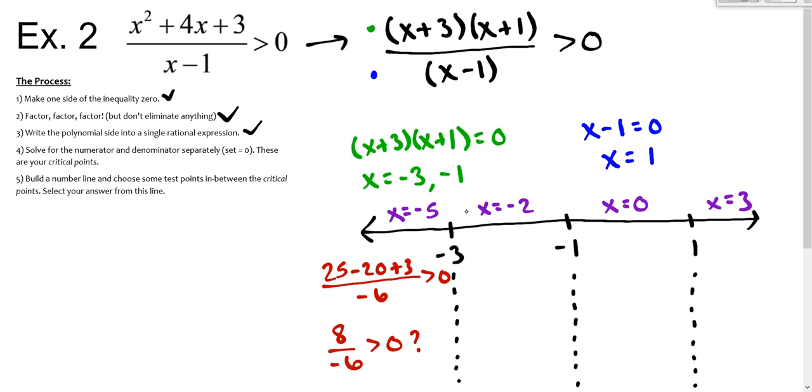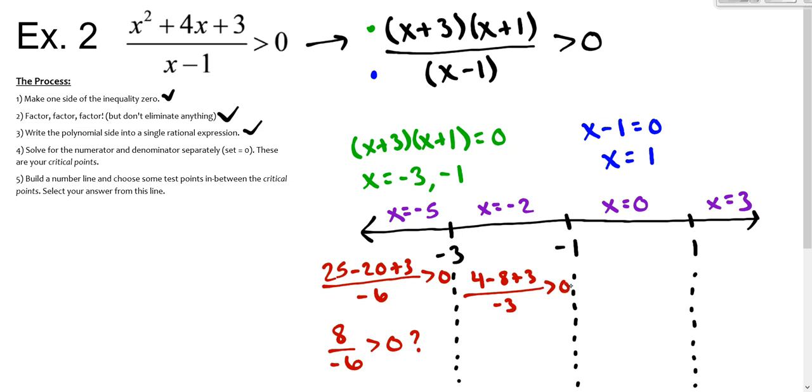Next, I'm going to substitute in x equals -2. If I plug it into the original, -2 squared is 4. 4 times -2 is -8, and then +3, over -2 minus 1, which is -3.